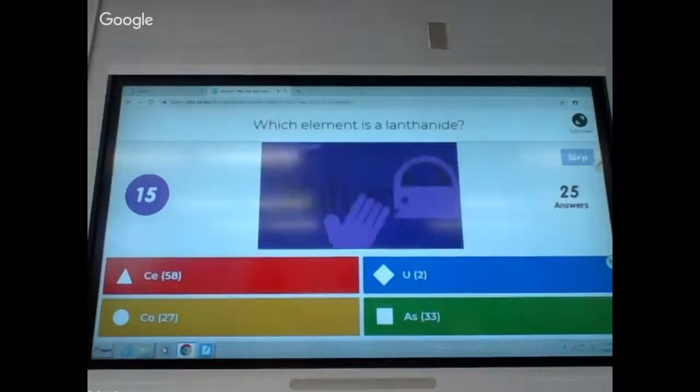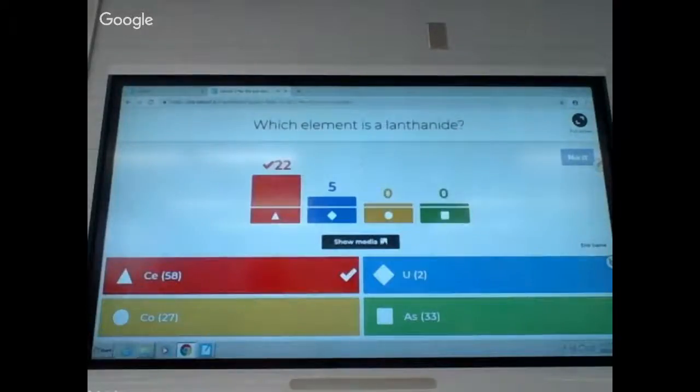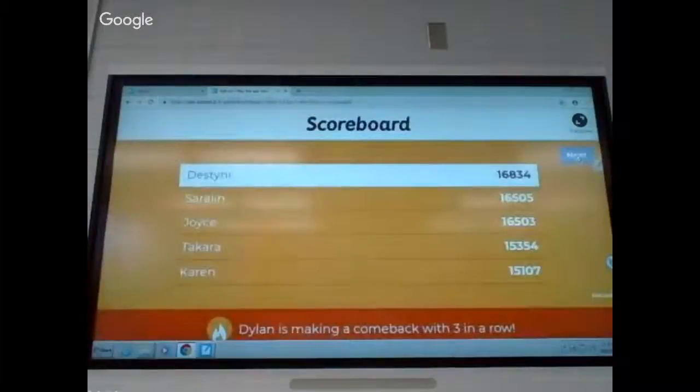Is it these? Yeah. Oh, you're so smart. Pure genius work. No, it's all you. Your finger's right here. No, put it in like this. I'm in 6th. Uranium's a what? It's an actinide.